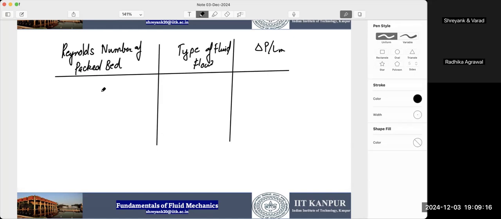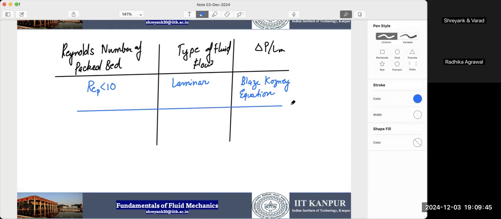So when the Reynolds number of the bed is less than 10, the fluid flow is essentially laminar, and the equation we use is the Blake-Kozeny equation, and there is a reason behind that.